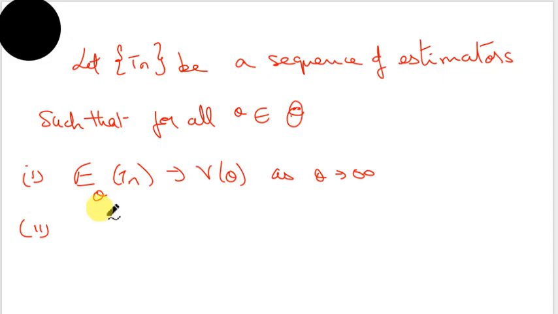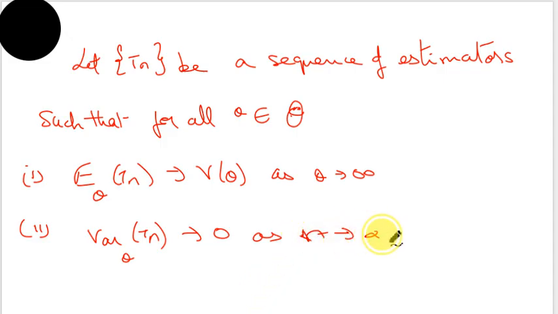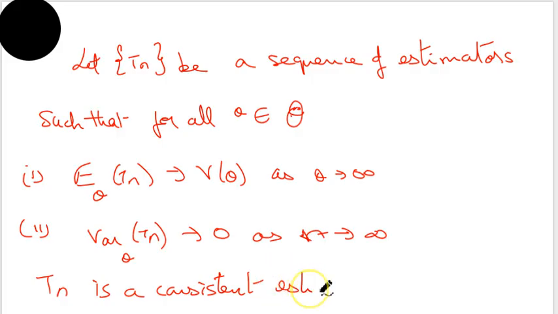Similarly, my variance theta of Tn will tend to 0 as n tends to infinity. Then we can clearly see that Tn is a consistent estimator of v of theta.